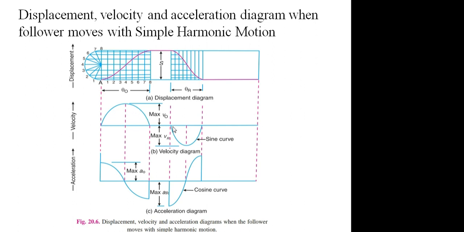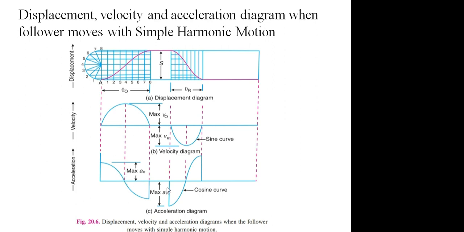Similarly, if it is 80 mm per second, that is the maximum velocity of the follower during the return stroke, it is 80 divided by 20, you will get this distance as 4 centimeters. Mark here the point and draw another sine curve for the return stroke. So this is the velocity diagram for a follower when the follower moves with simple harmonic motion.